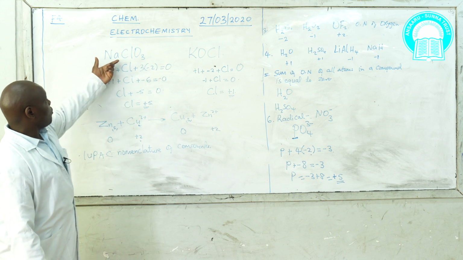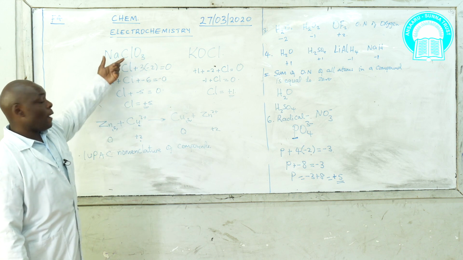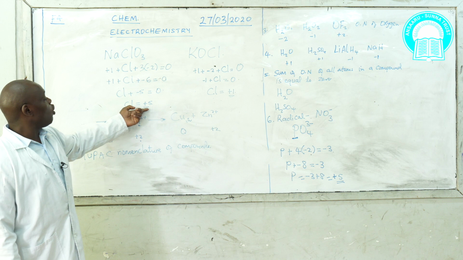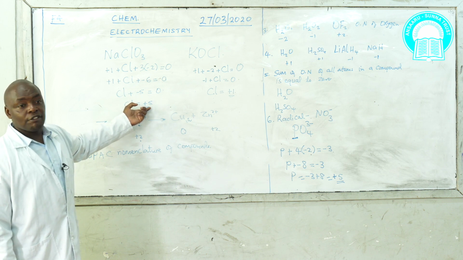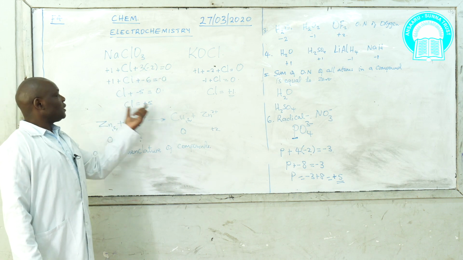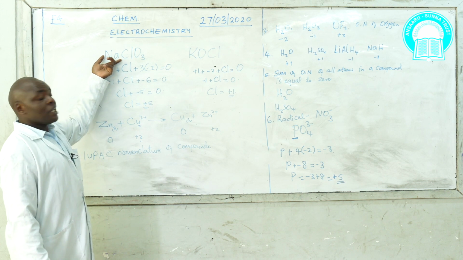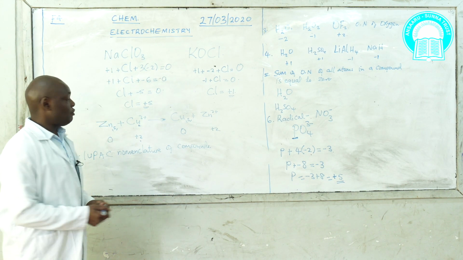For instance, in this compound we have seen, the oxidation number of chlorine is positive 5. Therefore, we can say that this compound is called sodium chlorate 5.